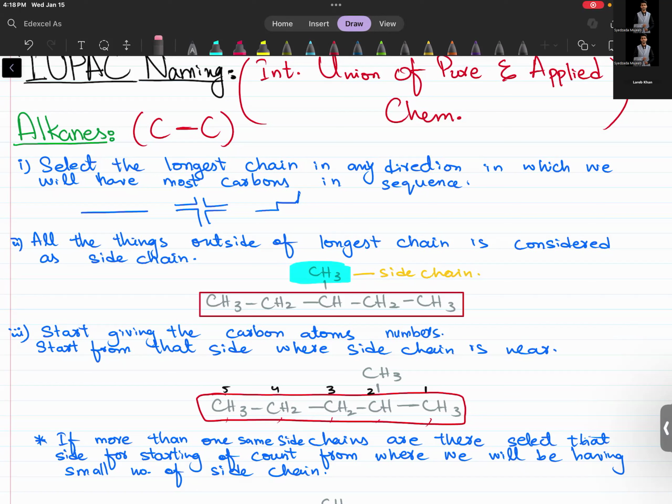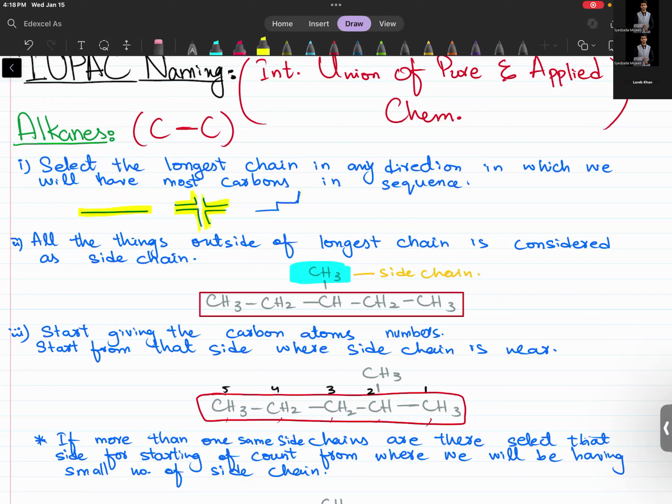So at the very first point, whenever you are naming any hydrocarbon, you must select the longest chain of carbon atoms. The longest chain can run in different ways: a straight line like this one, or it can go this way, this way, or this way.